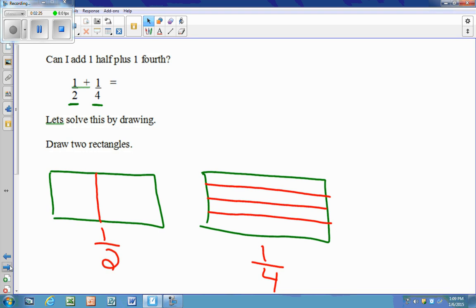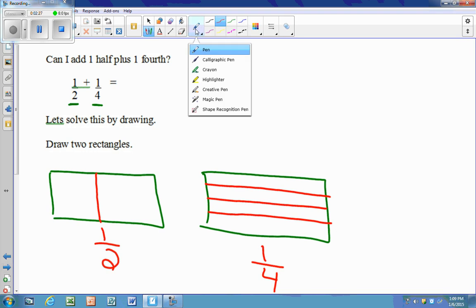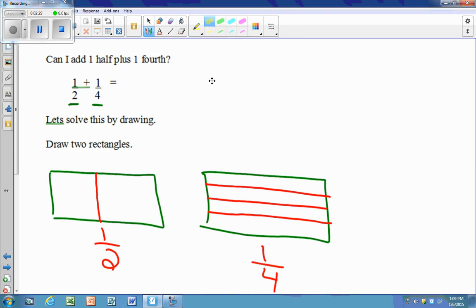And now I'm going to go back into it, and I'm going to shade one of the halves, and I'm going to shade one of the fourths. So we have 1/2 and 1/4.